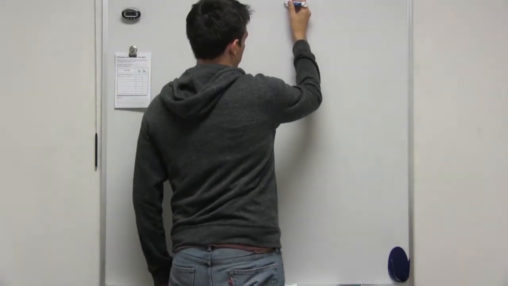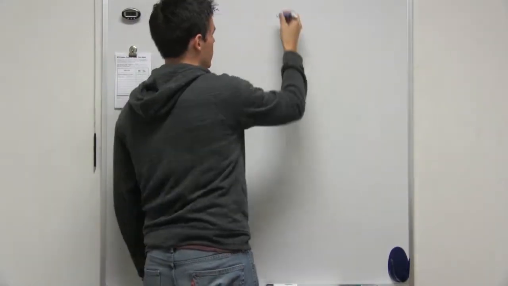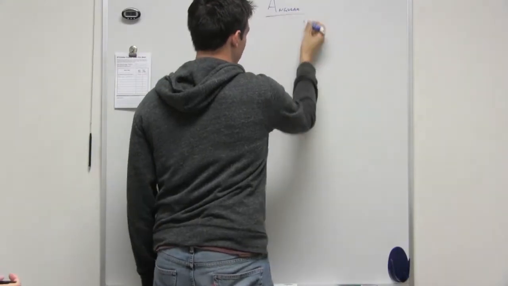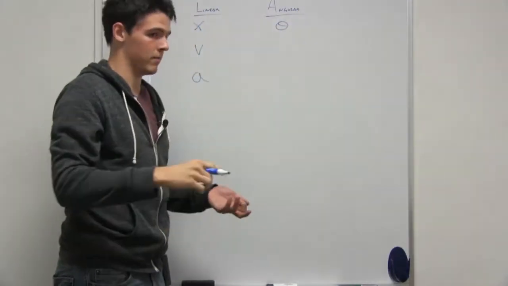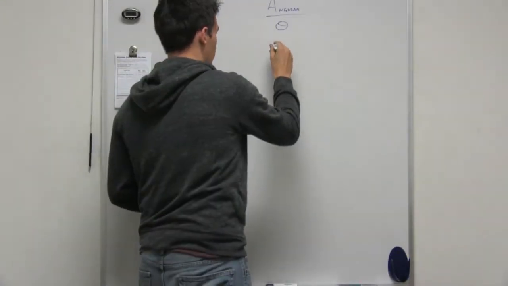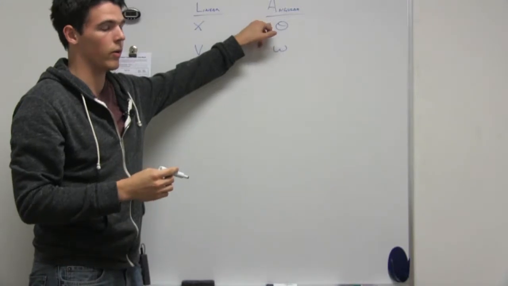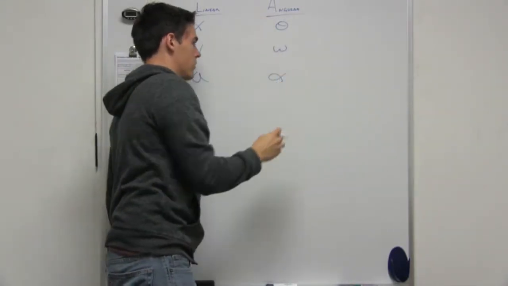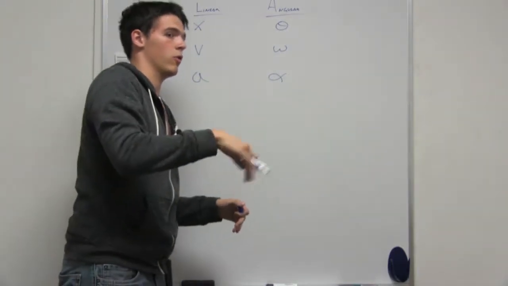In circular world, or in angular terms, you have the same thing, but it's curved. So you have theta. Around a circle, you have 2 pi. That's like your distance. You have omega, which is how many of these you're going around in a circle in a second. And you have alpha, which is how much you're speeding up around that circle.